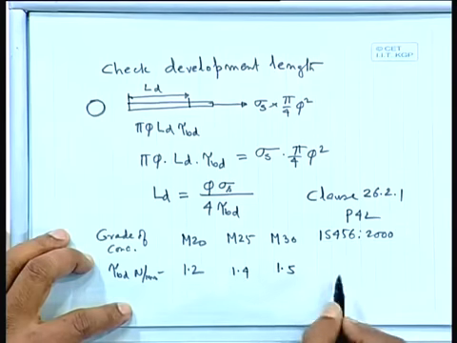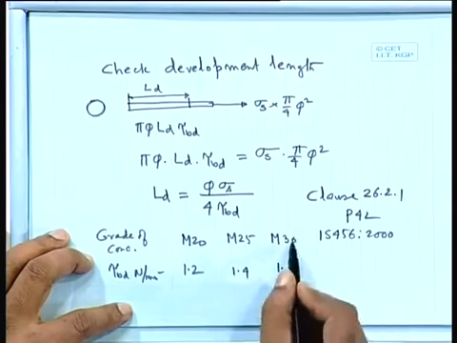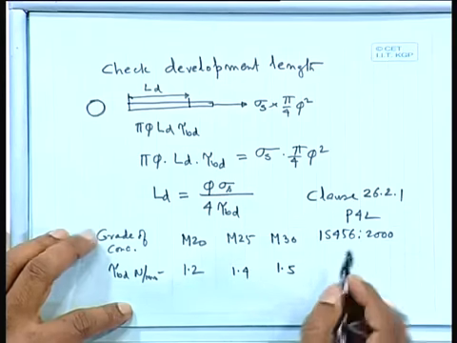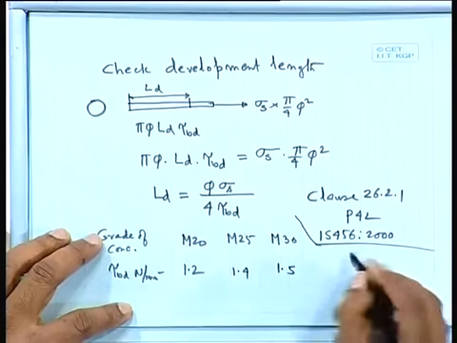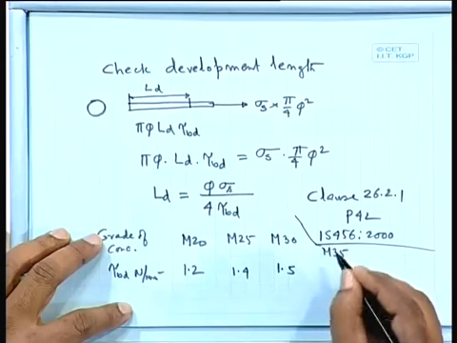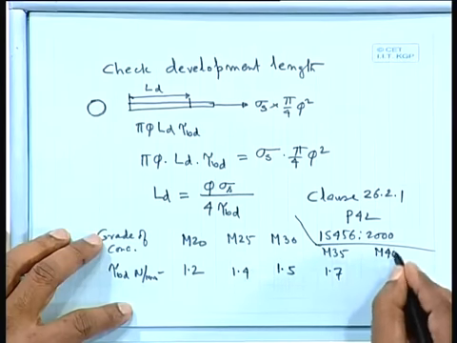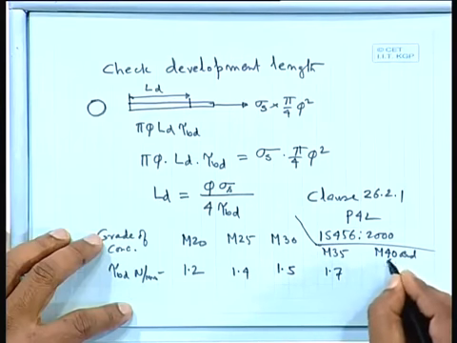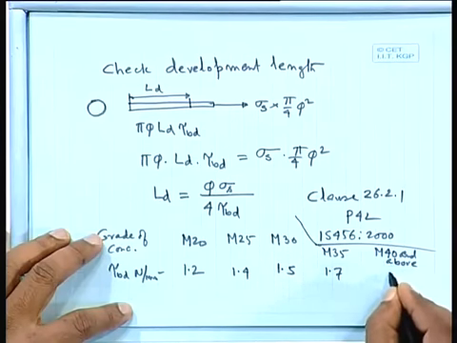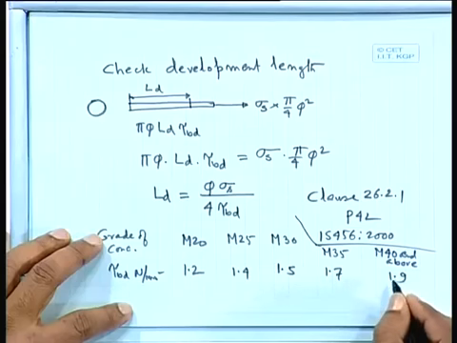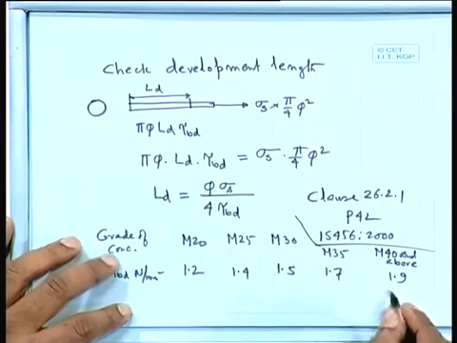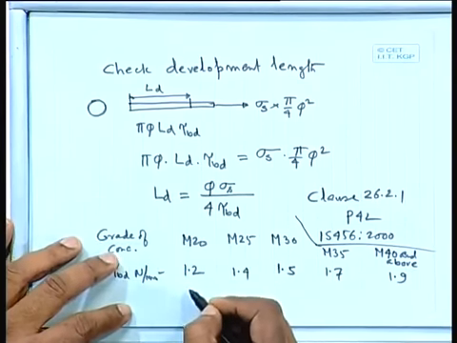So like that we have M20, M25, M30, there is M35 also, I think I can note down here, M35 that is 1.7, M40 and above it is 1.9. So, you can note that it is maximum 1.9 and for M20, in our case, it is 1.2.